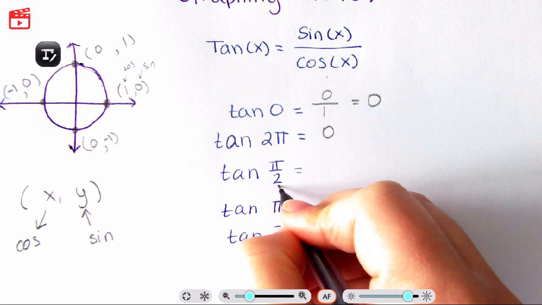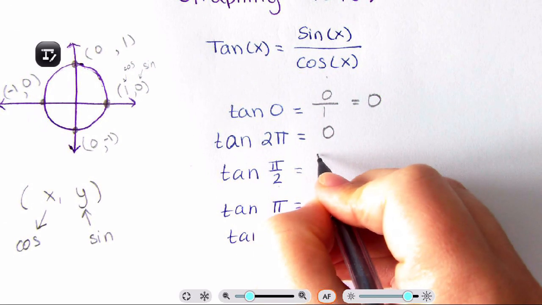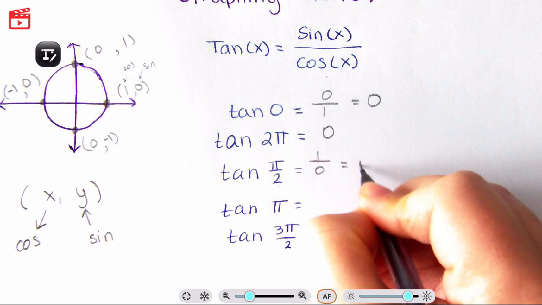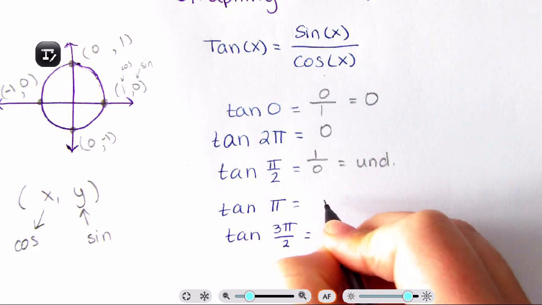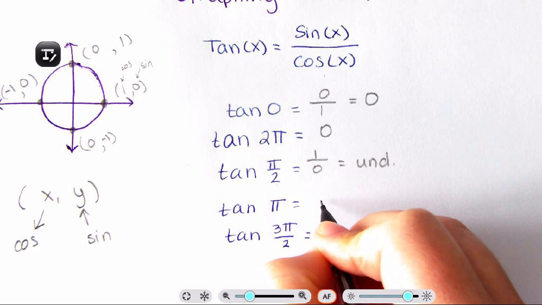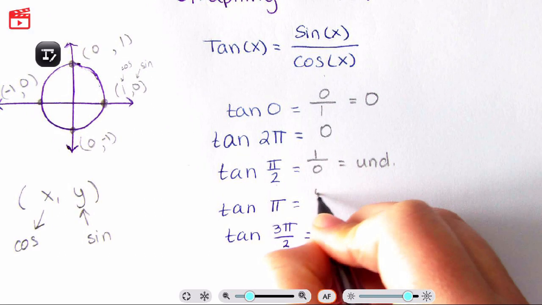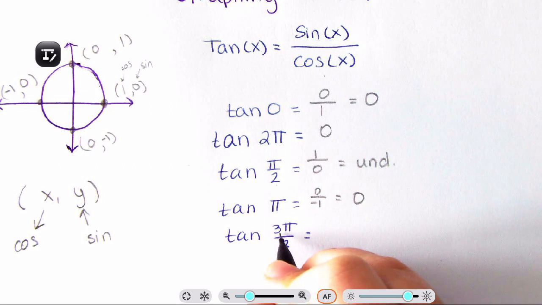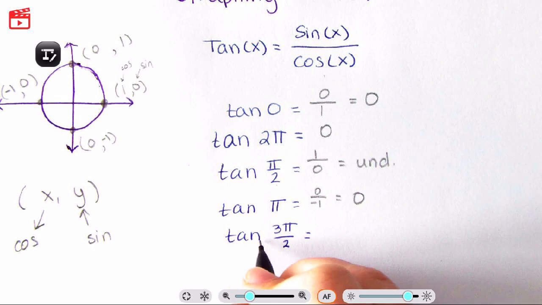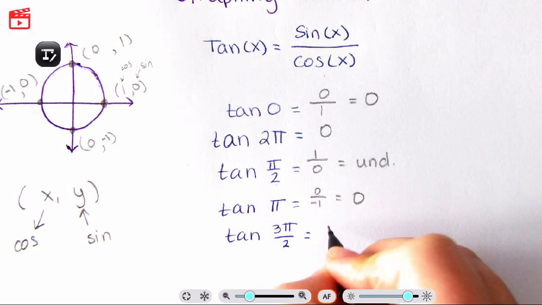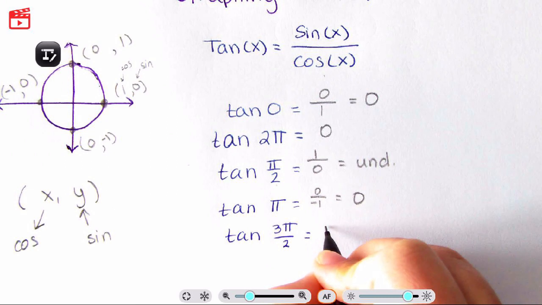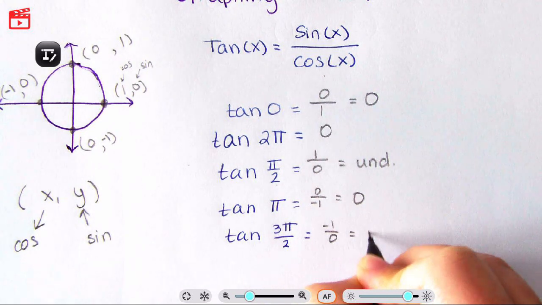Tangent of pi halves, sine over cosine: sine is 1, cosine is 0. This is undefined. Tangent of pi, sine is 0, cosine is negative 1, so this is 0. And tangent of 3 pi halves is sine over cosine, which once again is undefined.